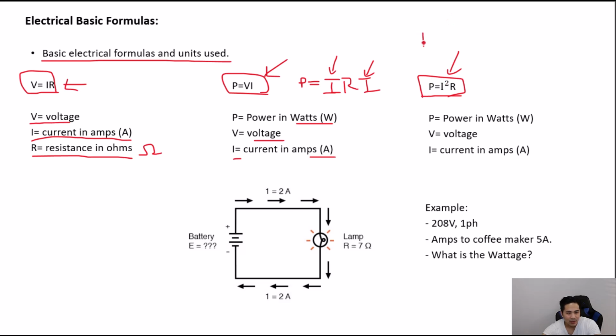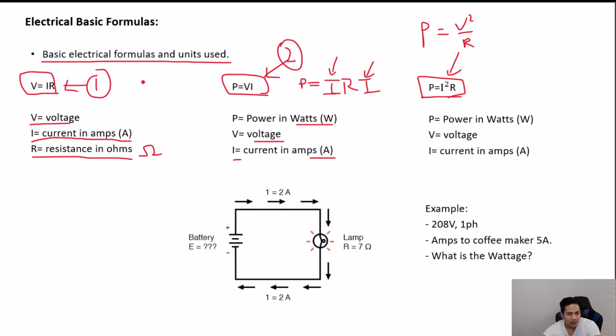P can also equal V squared over R. You can get that by combining formula number 1 with formula number 2 again.